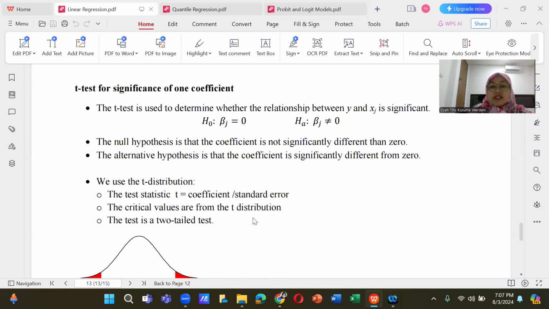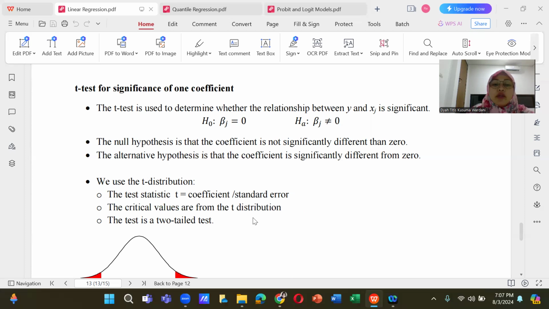The hypothesis is H null: beta j equals 0, and H alternative: beta j not equal to 0. Here the null hypothesis is that the coefficient is not significantly different from 0, and the alternative hypothesis is that the coefficient is significantly different from 0.